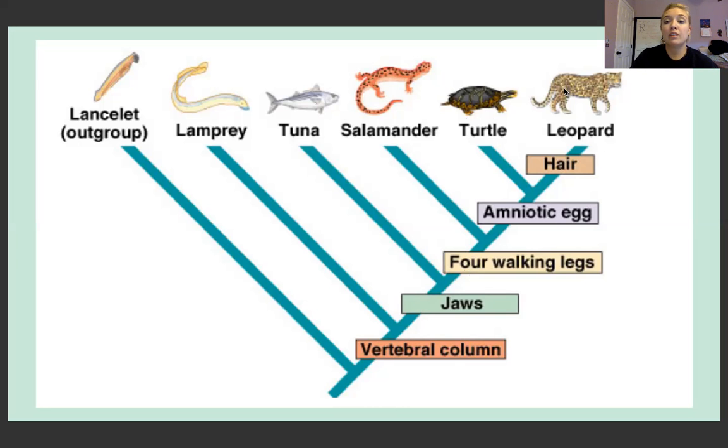And if we were looking at the leopard, the salamander, and the tuna, again, it would be the salamander because they have 3 characteristics in common, but the tuna only has 2. So that's how we look at those.